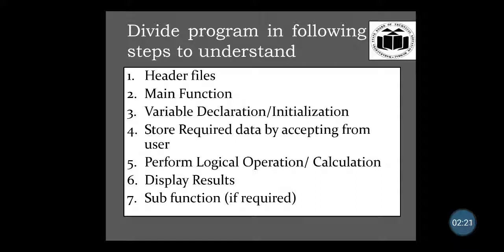If required, we can add our own functions, known as sub functions or user defined functions. These are the main steps involved in any program. So while writing a program, don't get confused. Go step by step, and you will write your program easily.